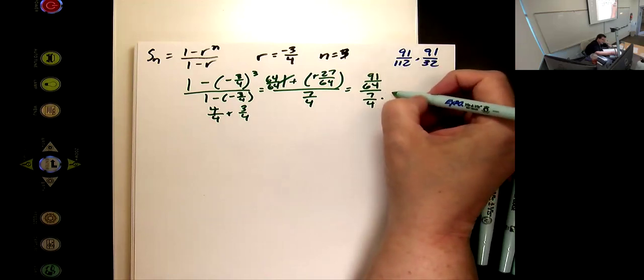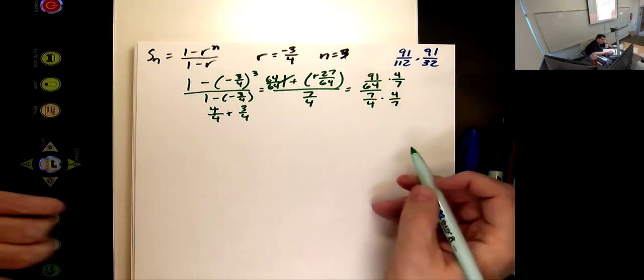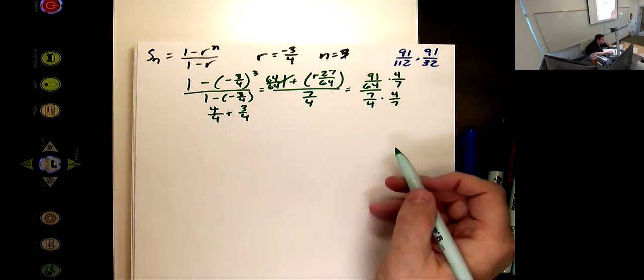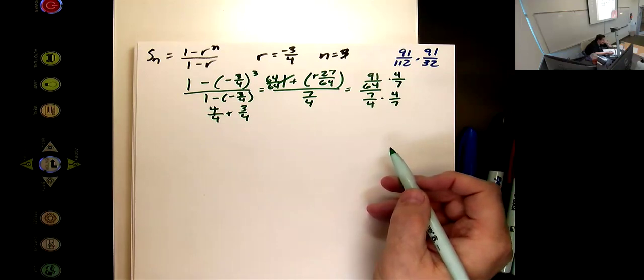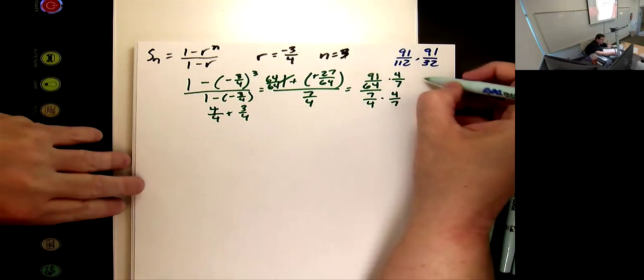So we'll multiply by the reciprocal of the bottom. Can you not do the reciprocal and do it in stages, like multiply by 1/7 and multiply by 4 separately? Yeah, you want to take it slow. It's effectively the same.